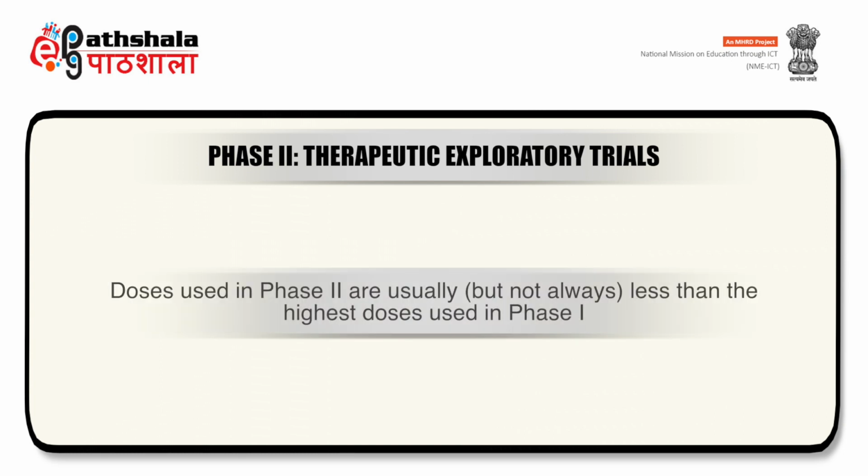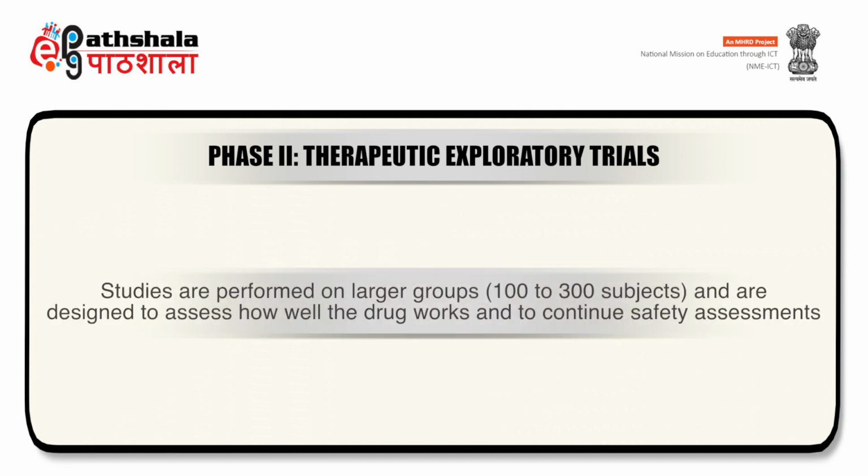Doses used in phase 2 clinical trials are usually, but not always, less than the highest doses used in phase 1 trials. These studies are performed on larger group comprises of 100 to 300 subjects and are designed to assess how well the drug works and to continue safety assessment.